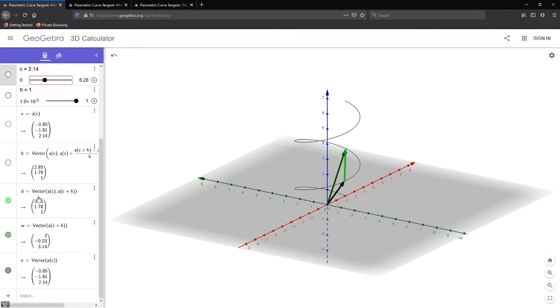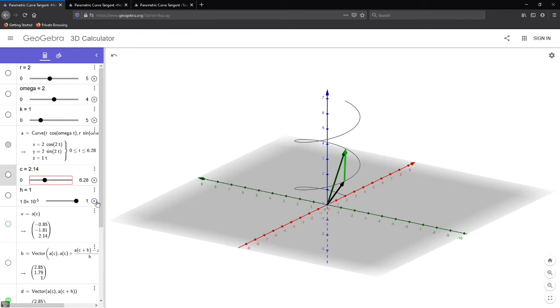And you'll notice that as H goes to 0, the vector difference between those two points gets smaller and smaller, and goes all the way to 0.